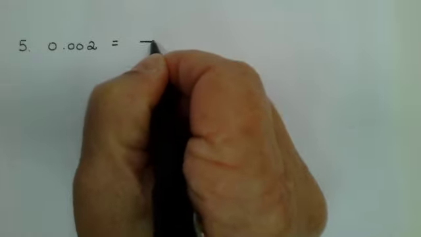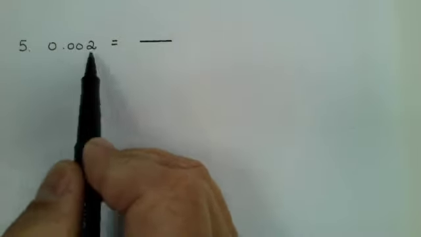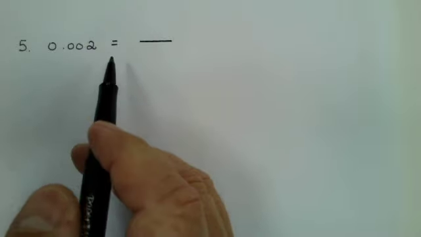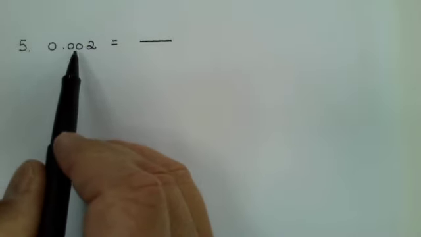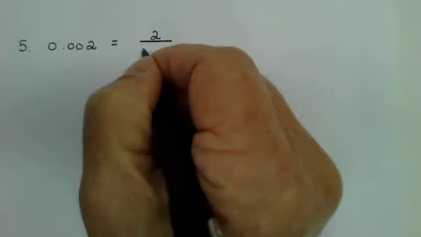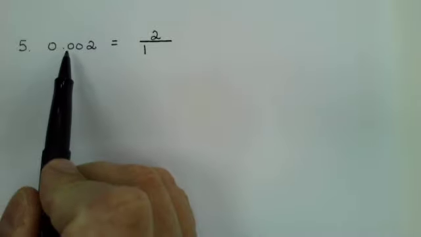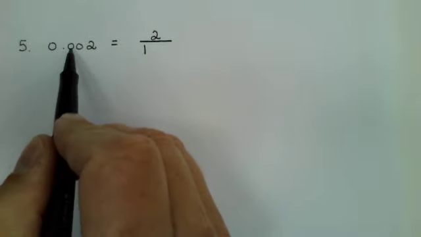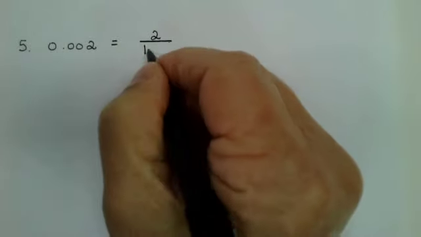Example 5. Make my fraction. When I write this number in the top, I don't have to write these zeros in front. I only write zeros behind. So these 2 zeros don't have to get written. The only thing I write up there in the top is a 2. I write a 1 in the bottom, and then I write zeros behind that 1 that correlate to how many numbers are after the decimal place. 1, 2, 3.